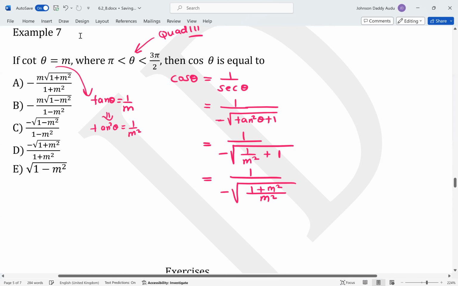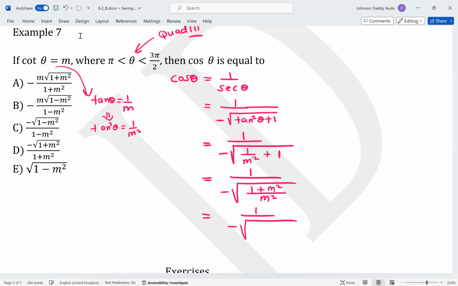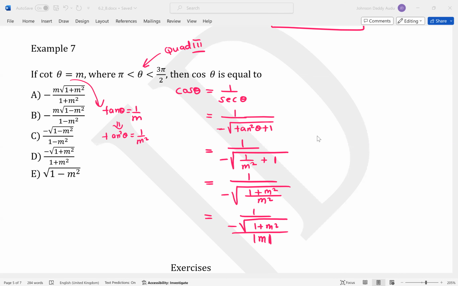Okay. So similar to what we did earlier, this will just be 1 over minus the root of 1 plus m squared, separating the roots now, over the absolute value of m.